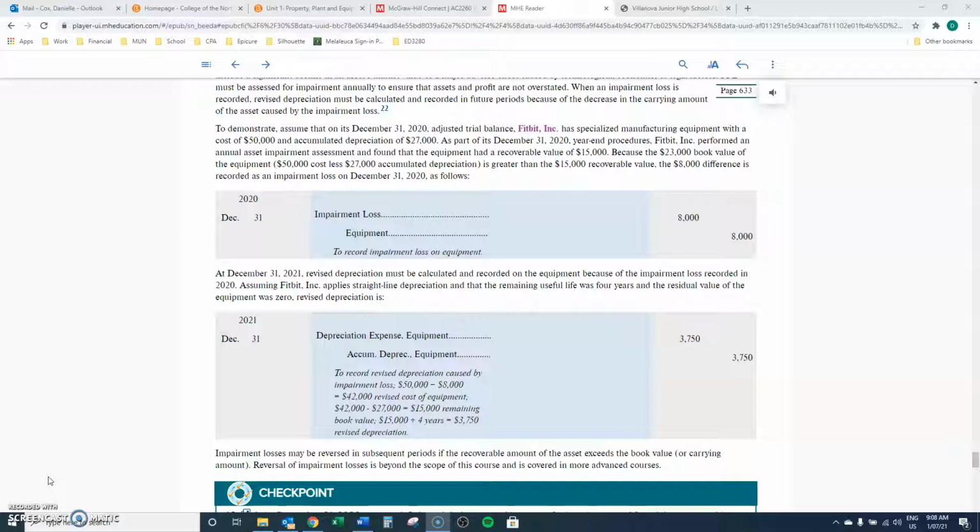So you compare it to the recoverable amount of that asset. If the amount that you have as the book value is greater than the recoverable amount, then you're going to have an impairment loss, and that's going to be the amount of the difference between those two values. And again, they do briefly touch on an example here.